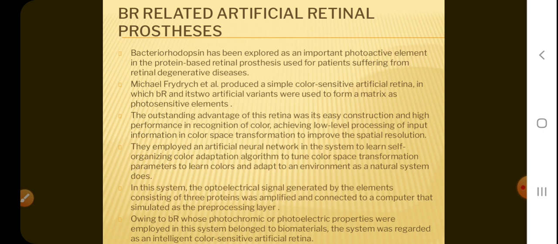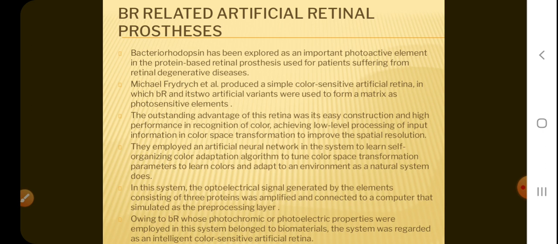He produced a simple color-sensitive artificial retina. In this artificial retina, BR, that is your Bacteriorhodopsin, and two artificial variants were used to form a matrix as photosensitive elements. This was easy to construct, and its performance was also high.